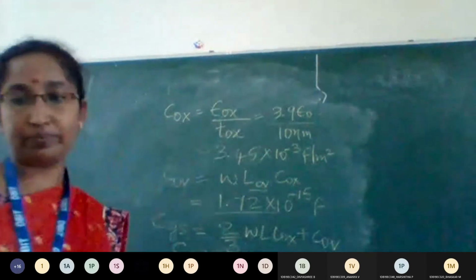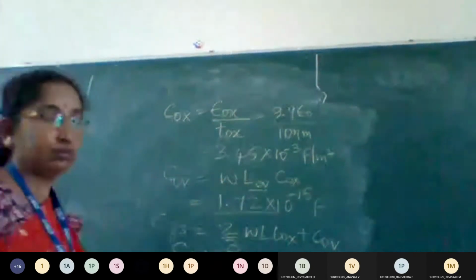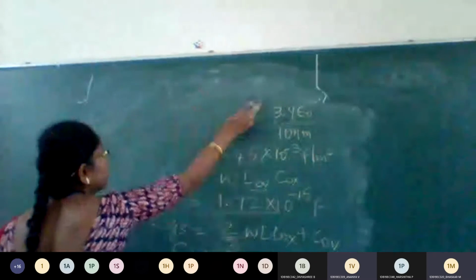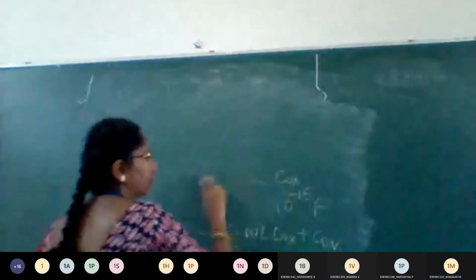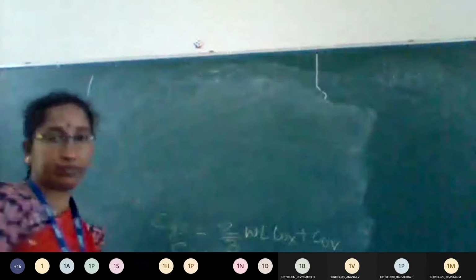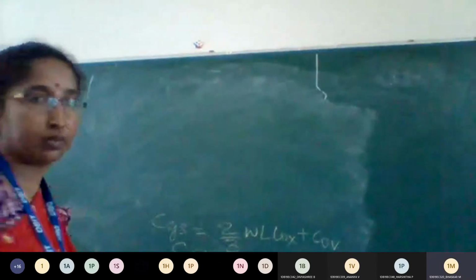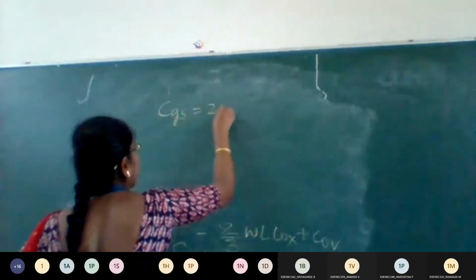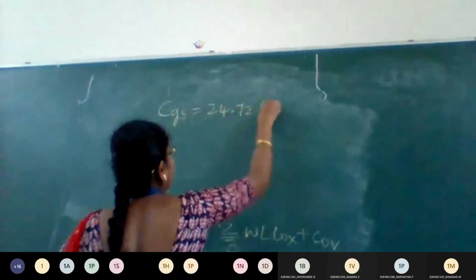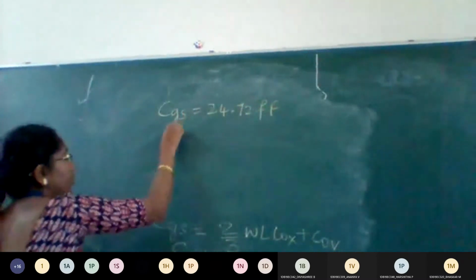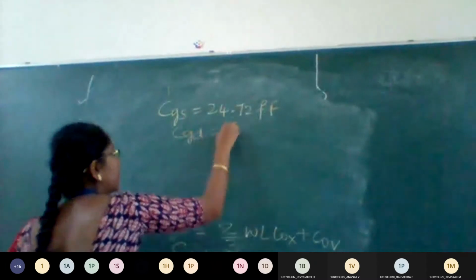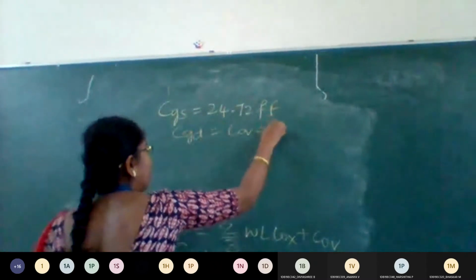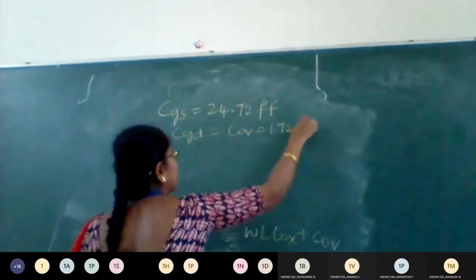How much did you get for CGS? 24.72 FF, ma'am. Correct. So CGD will be COV, 1.72 picofarad.